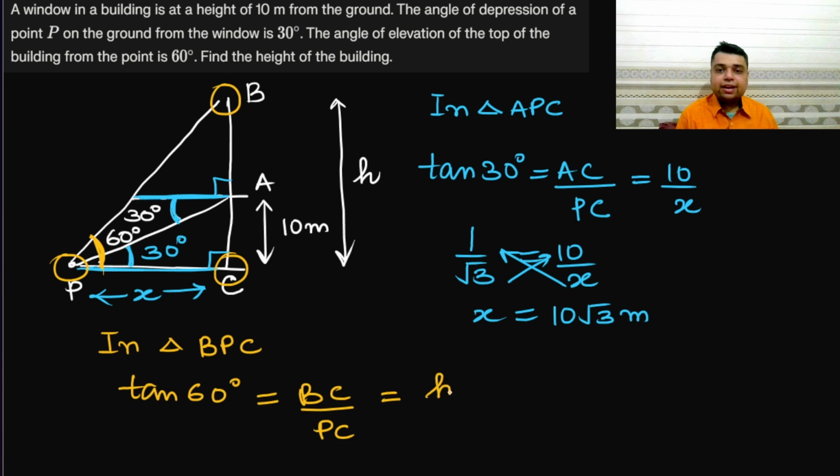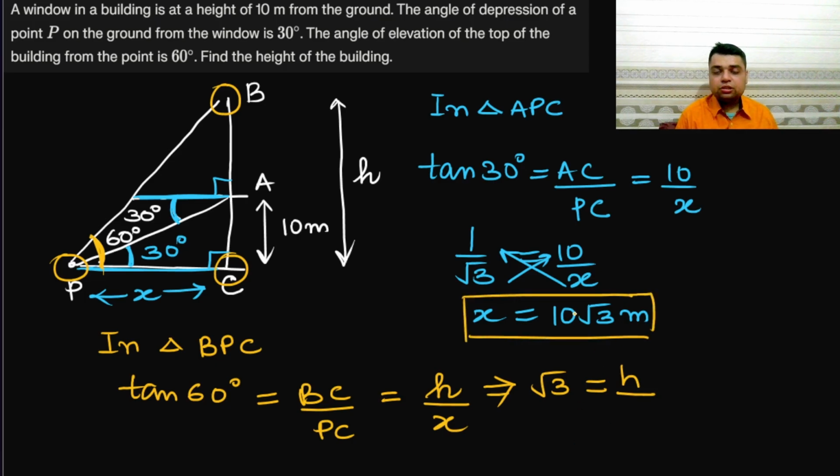And BC is my H, which is the height of the building we need to find, and PC is X. So tan 60 is what? Tan 60 is root 3, and H by X, H is H itself, and X we already got this value, right? We will put this value again.